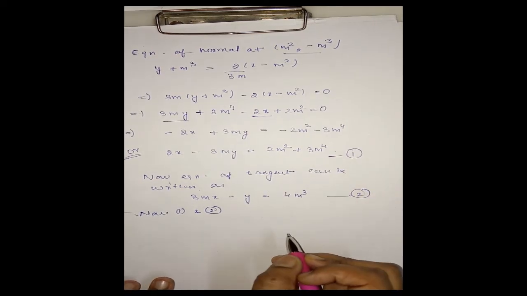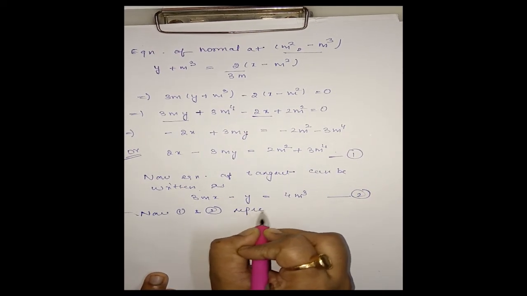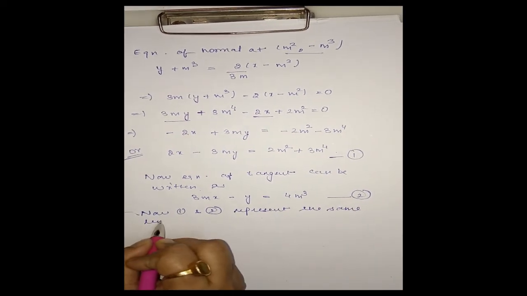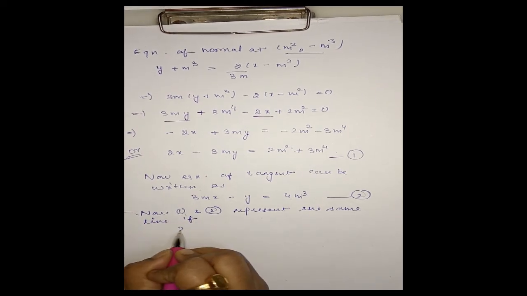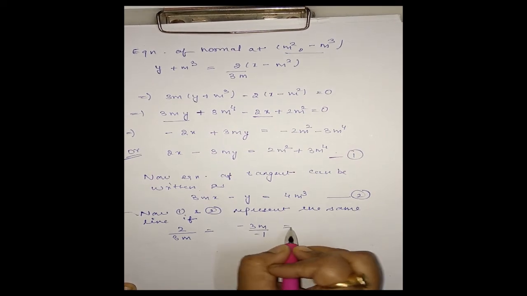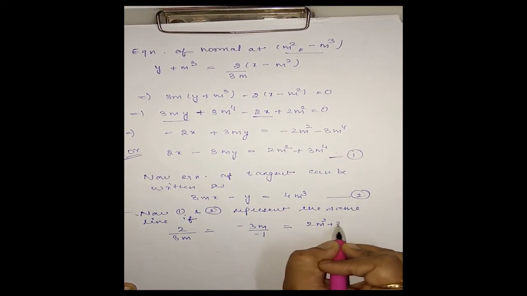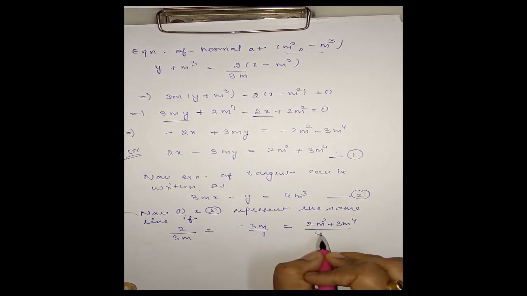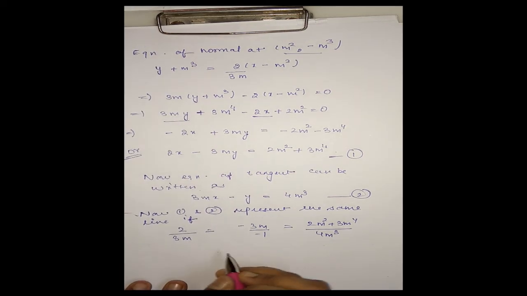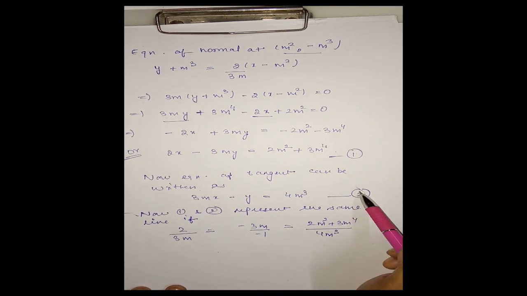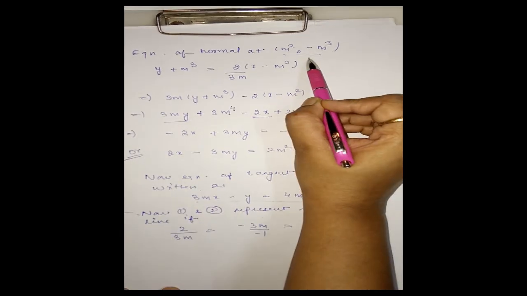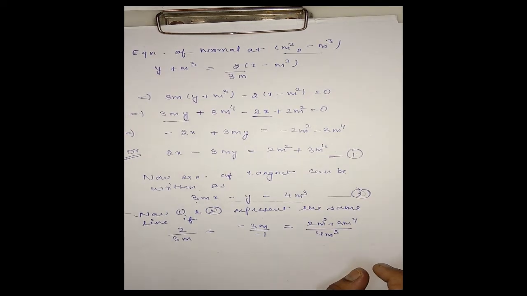Now 1 and 2 will represent the same line if 2/3m = −3m/−1 = (2m² + 3m⁴)/4m³. If this condition holds, then these two lines are the same, in other words this will be a normal at the point, which is the second part of the question.